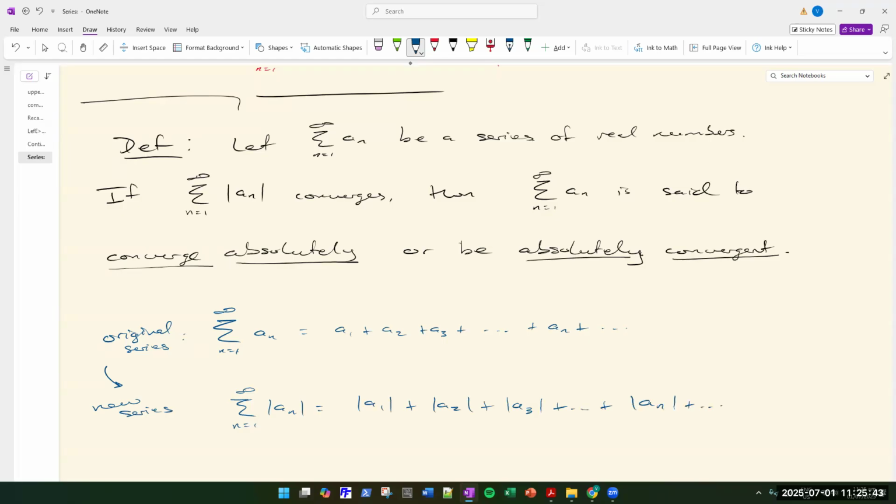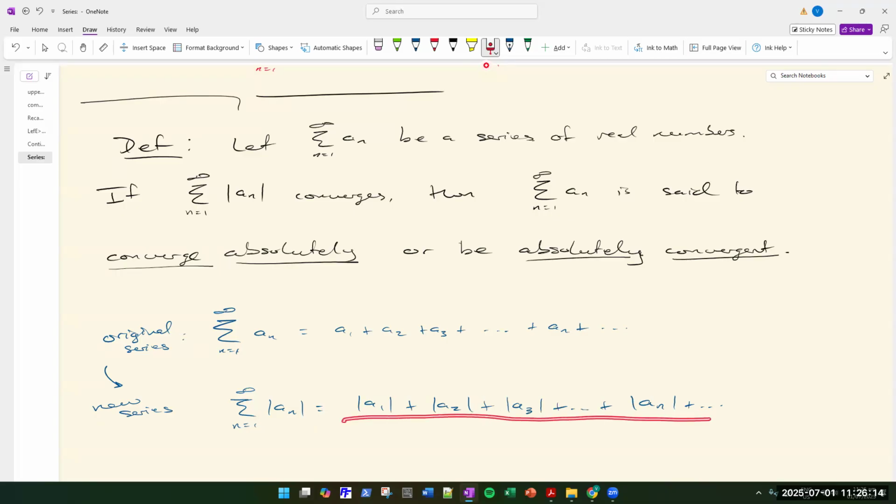So what is so useful about this new series where I'm summing up the absolute value? Notice that all of the terms in this new series, all of the terms that you are adding up, are non-negative, because all of these terms are the modulus of some number. Remember, the modulus is always bigger than or equal to zero. So what's so good about it?